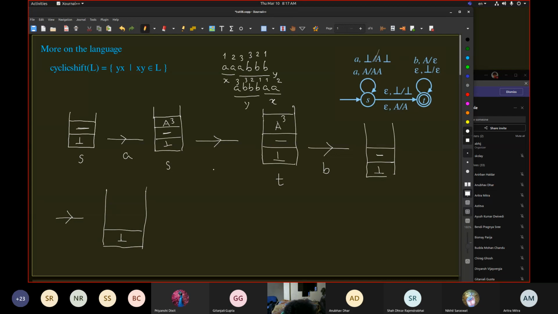So it replaces this by A and then A again.